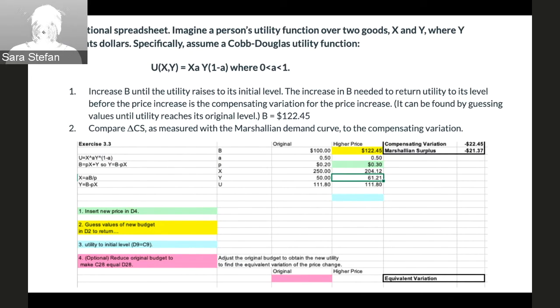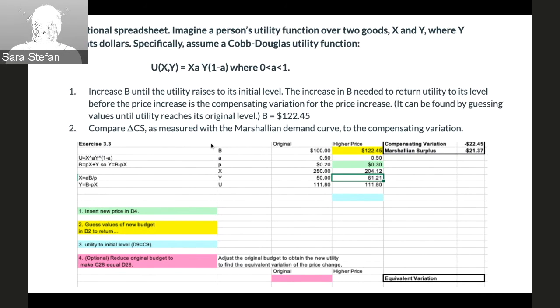The price increased, so we had to calculate what the increase in budget would be in order for the utility to remain approximately the same. The increase in budget needed for the same utility is going to be 122.45, which was calculated using just the equations given.